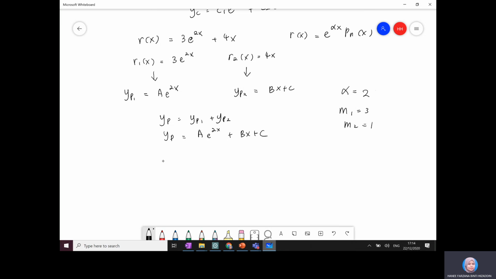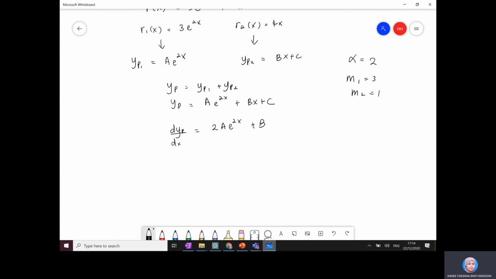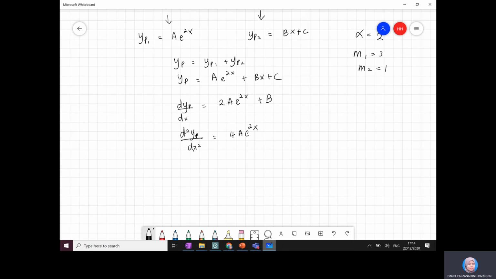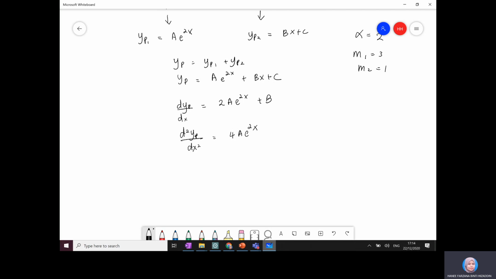So we can work on this yp. We can get dy/dx for this yp: you have 2a e to the 2x plus b, and then you can get the second derivative, 4a e to the 2x. So we can put these values into the original ODE. The original ODE is d2y/dx squared minus 4 dy/dx plus 3y equals 3e to the 2x plus 4x.